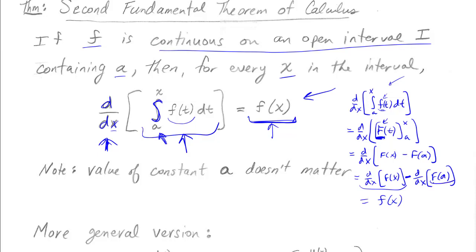But capital F of a is just the function evaluated at a constant a. So this is a constant. Its derivative is 0. So we get little f of x. Okay? So we're saying that we want to be able to go directly from here to here without those steps in between.